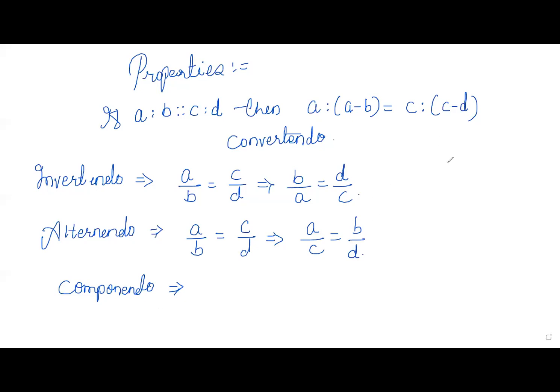Then dividendo. If A by B is equal to C by D, then A minus B divided by B is equal to C minus D divided by D. This is called the dividendo rule. Okay.